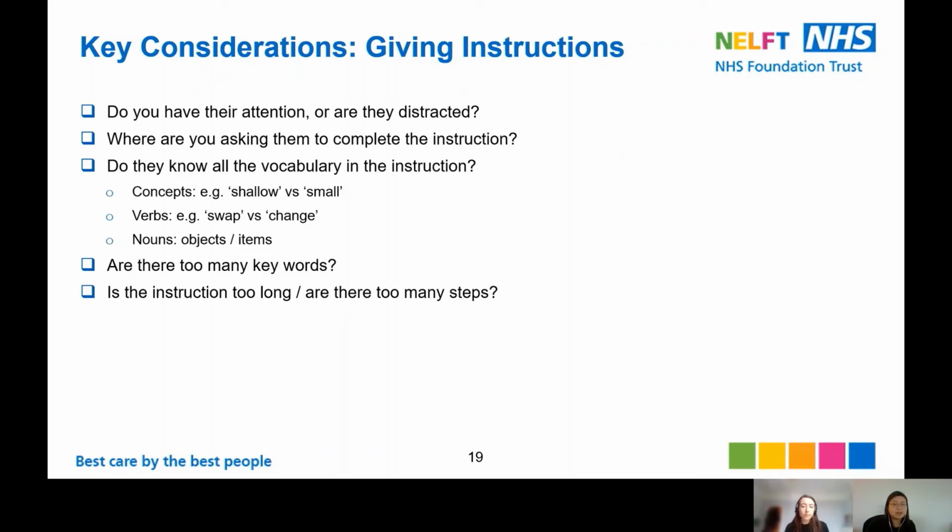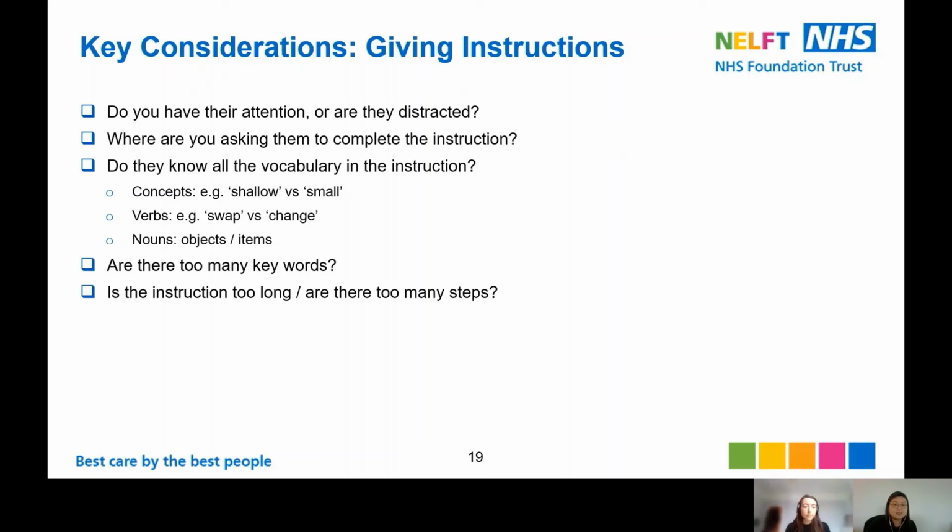Be mindful of the vocabulary that you are using. Do they know all the words? What words can you use instead of asking for the shallow tray or swapping seats? Can you say change? Can you say small if you know that they haven't understood the more abstract words?